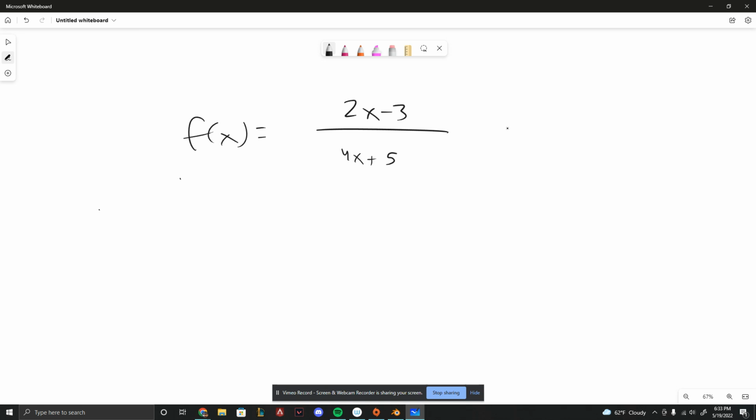Your limit, when you are finding it algebraically, should always be defined. I don't know why that's the case, it's just the case. I know that graphically you can have an undefined limit, but algebraically you won't.